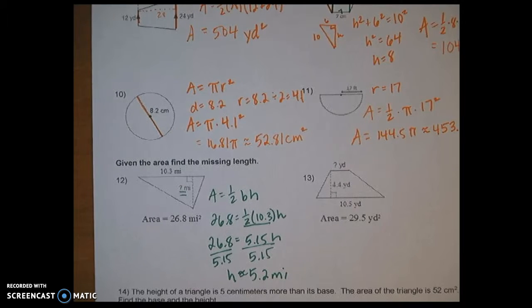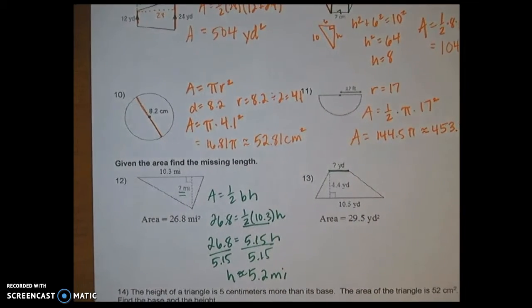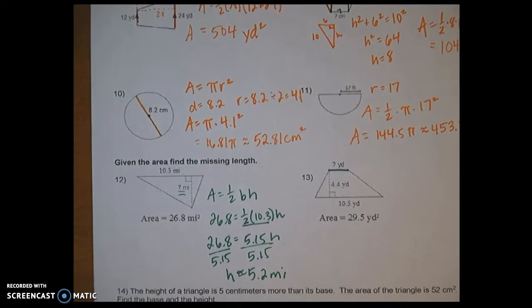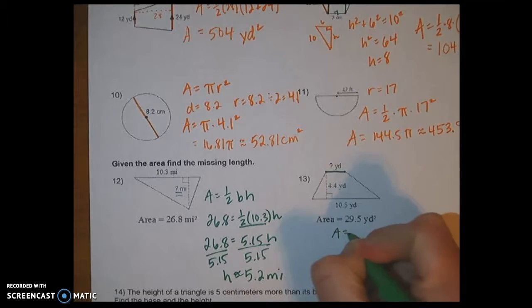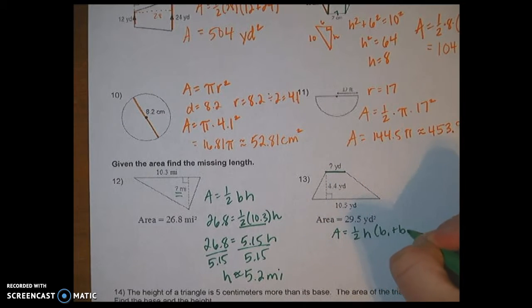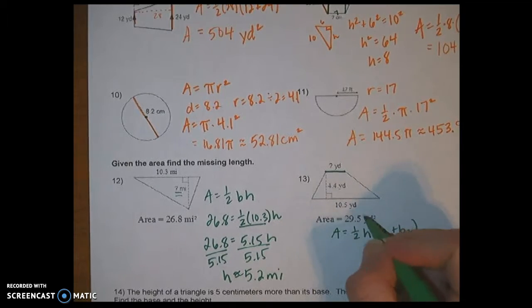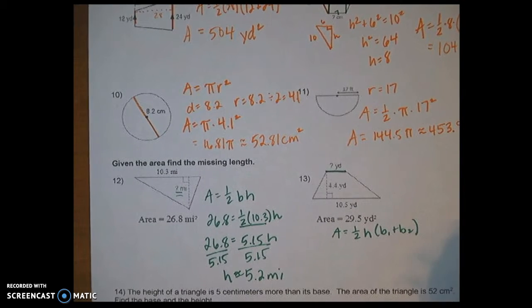In the next question, we're actually given a trapezoid that we are supposed to find the top base. I don't have that parallel side right there. So again, I know that the area equals 1/2 the height and then the sum of the bases. I'm going to fill in what I know into that equation, and I really, truly encourage you on each and every one of these problems to write down the formula that you need.